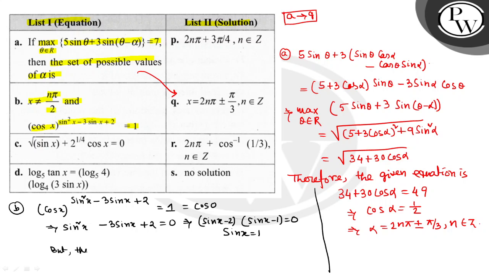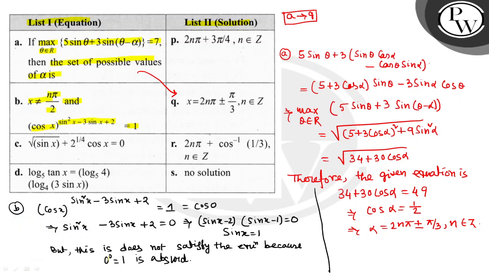This does not satisfy the equation. Why it is not satisfied, you have to mention: because 0 to the power 0 is equal to 1 is absurd, which is not possible.